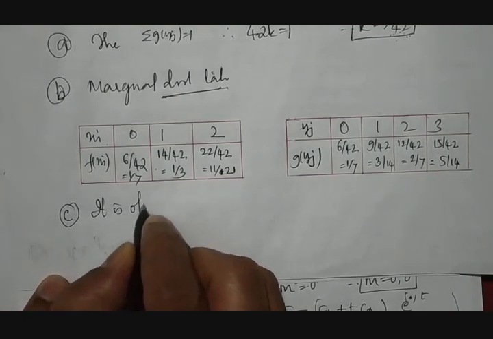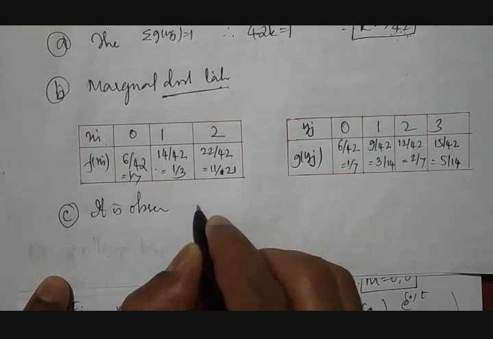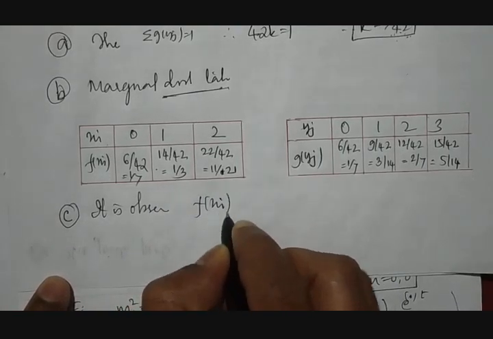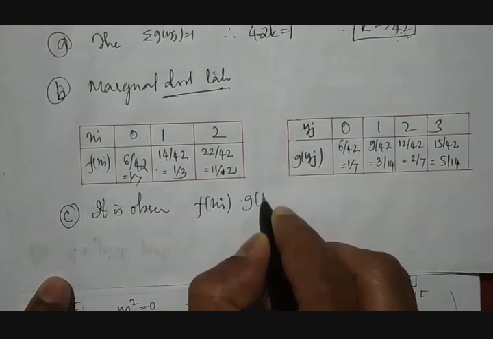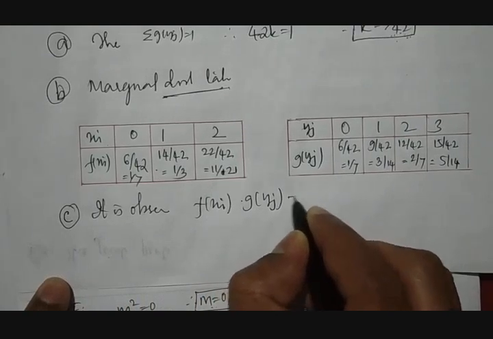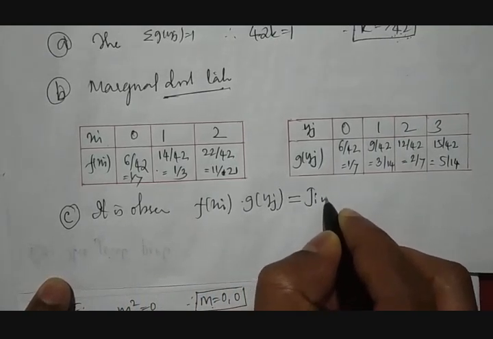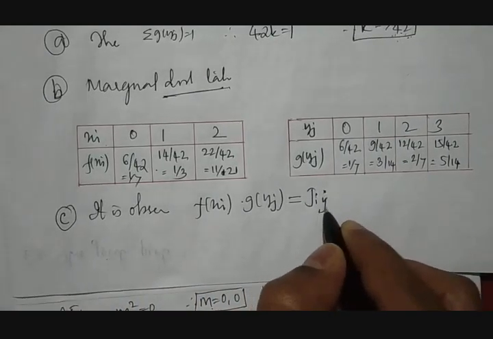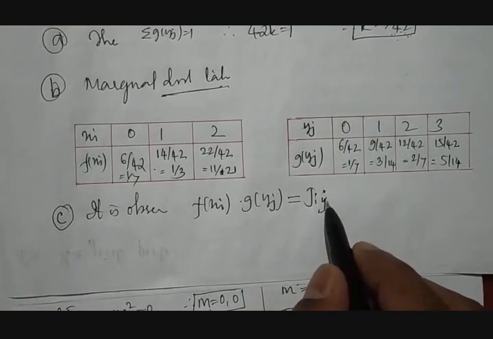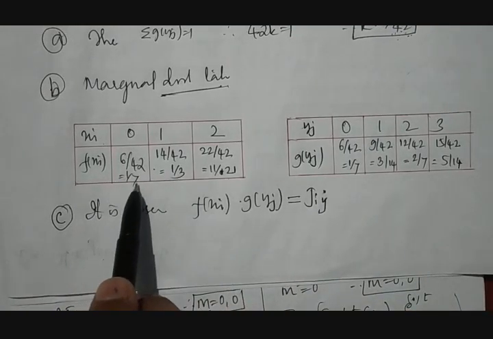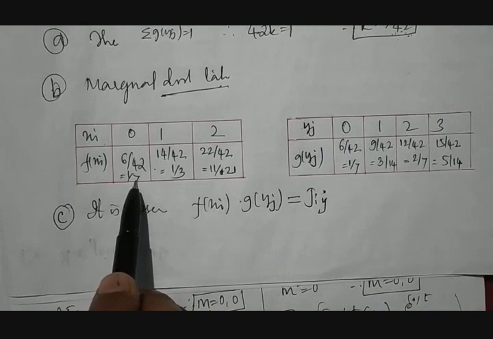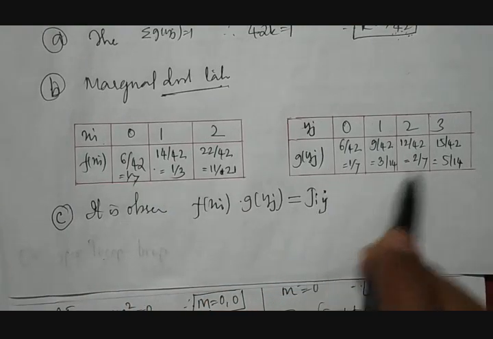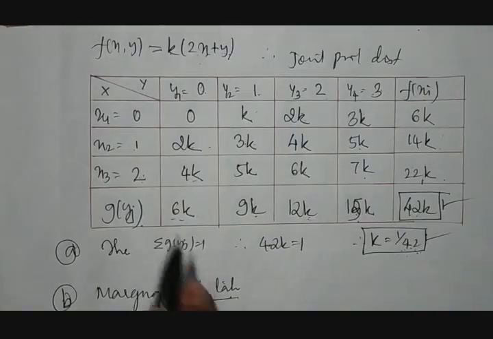It is observed that f of xi into g of yj should be equal to the joint probability. So you can see here, if we calculate f of xi into g of yj, will that be equal to the joint?